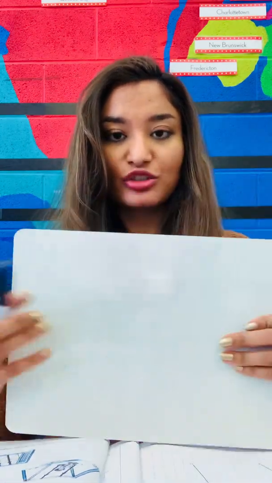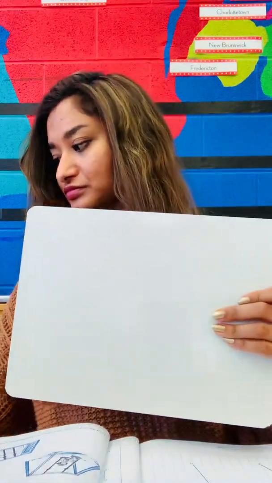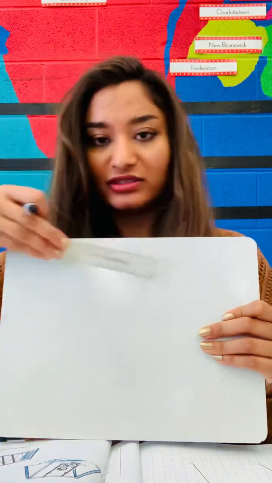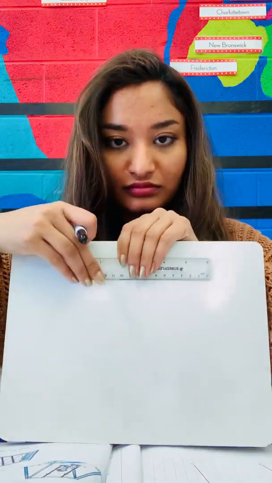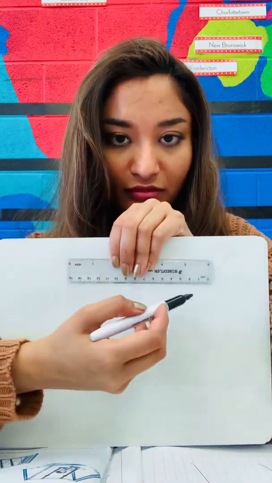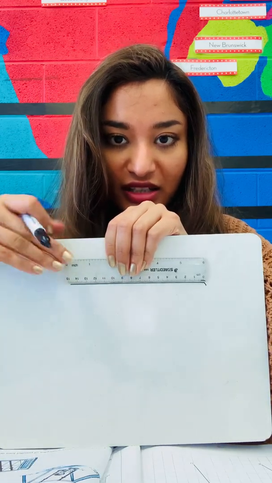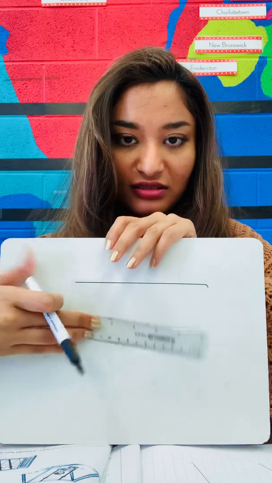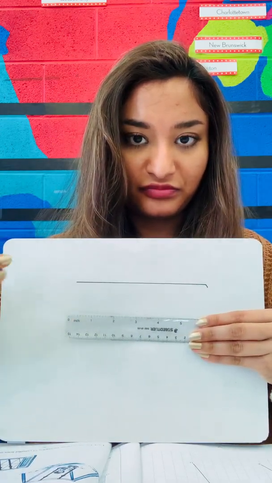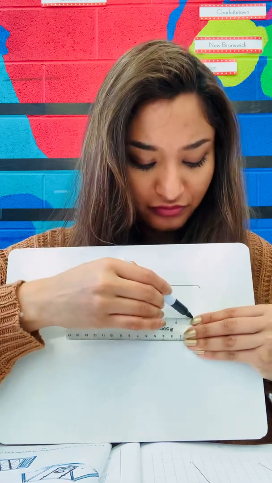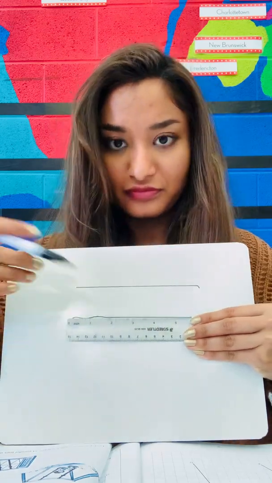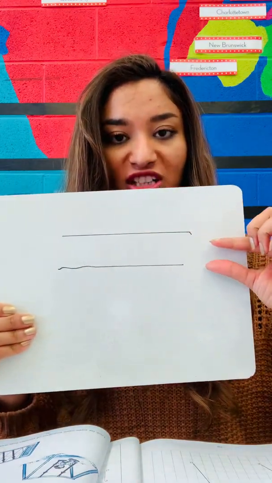So I'll draw you an example. Imagine that we have this line, and we have this line. Sorry, it's not as straight. Do you think there will ever come a point where they will touch each other?